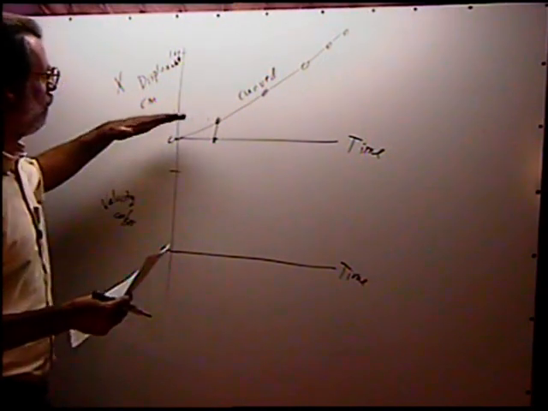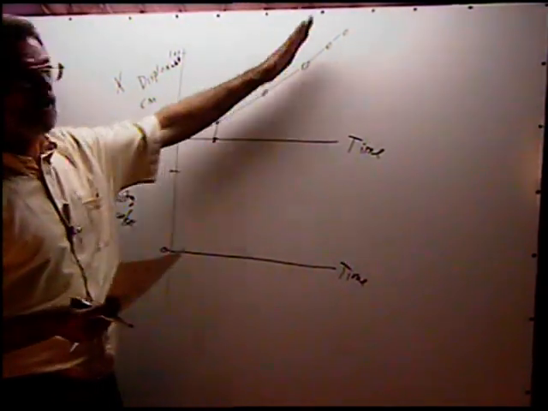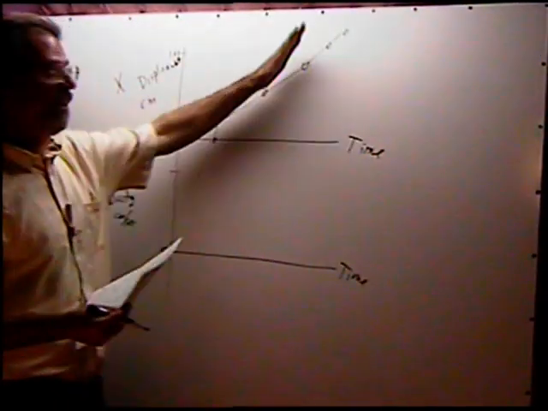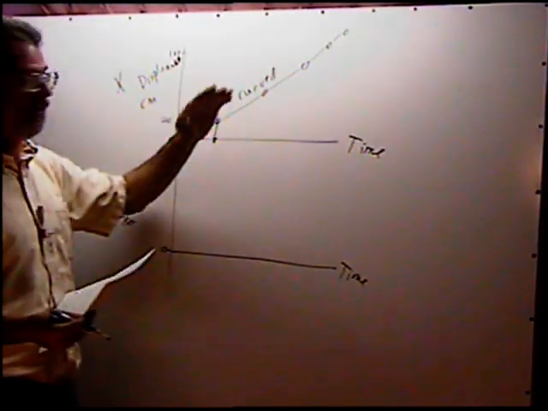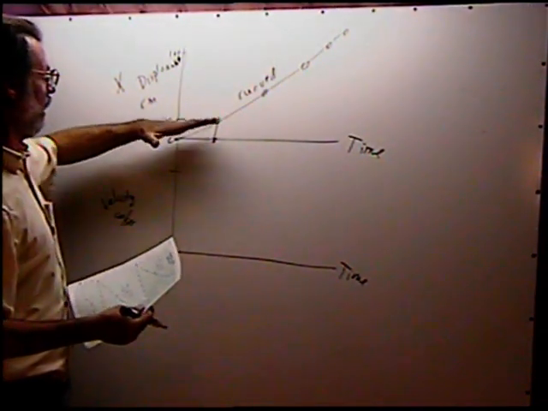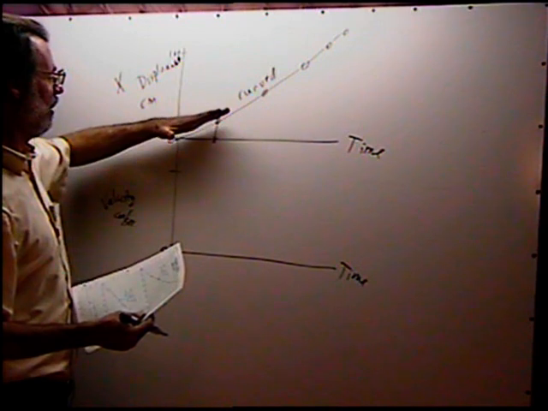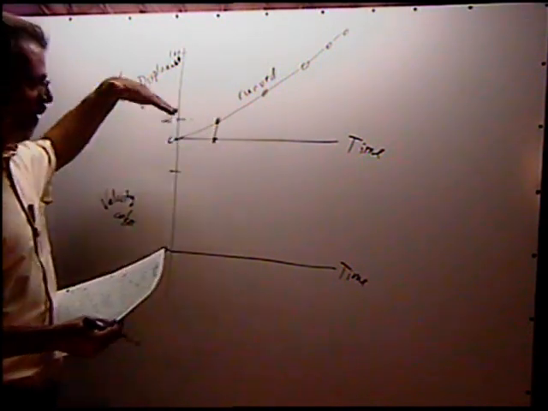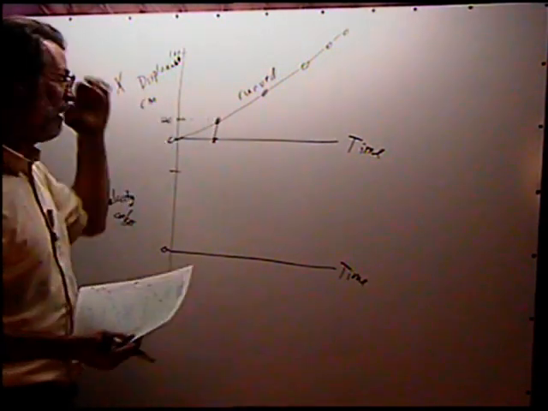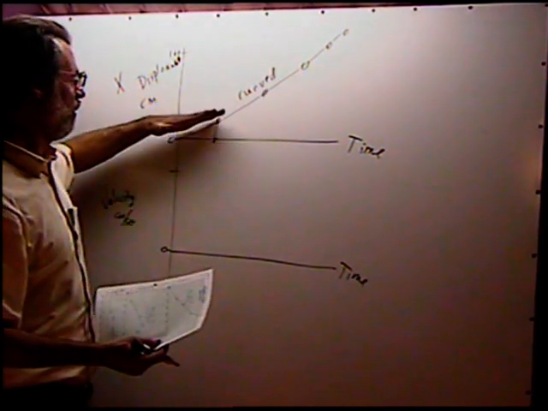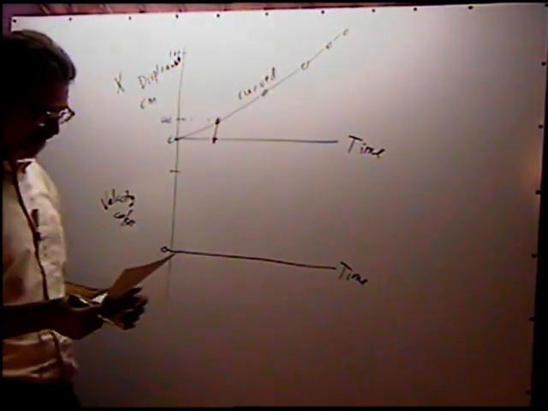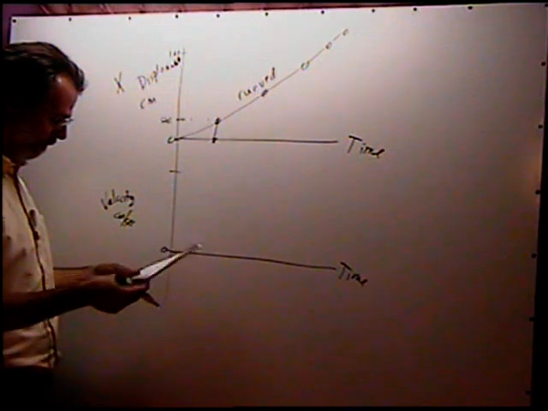As the ball rolls down the ramp, the speed picks up, so the slope increases. It makes sense. Remember, the velocity is the slope of this line. As the ball rolls down, it's going to pick up speed, so the slope of this will gradually increase. Okay?